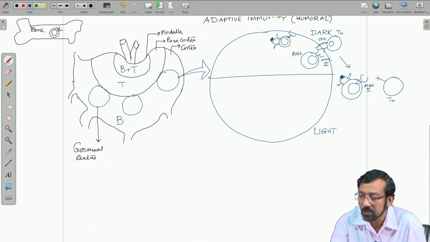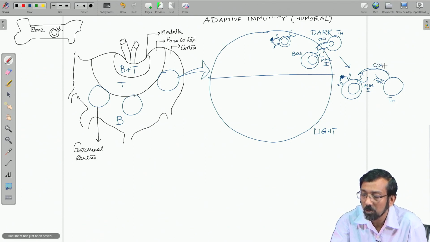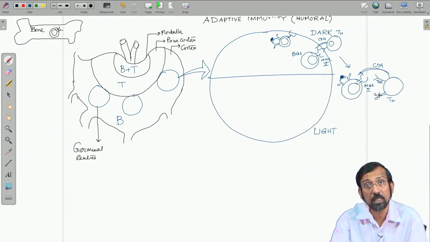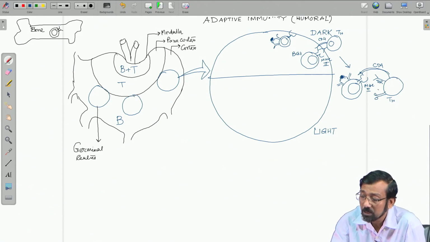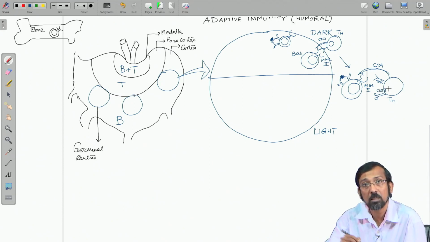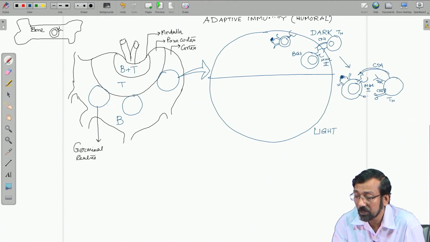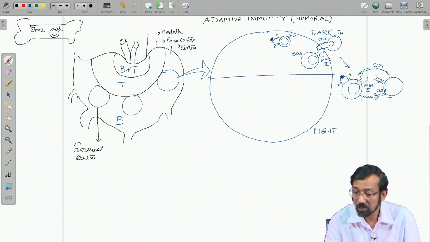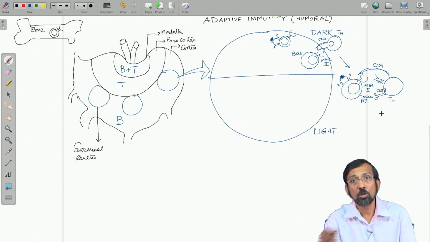Now, this Th cell expresses the TCR or the T cell receptor, the CD4 co-receptor, and of course, we have seen in our last lecture that they also express CD28, and that can again interact with the B7, which is expressed on the mature B cells. So, this B7 to CD28 interaction is also vital.